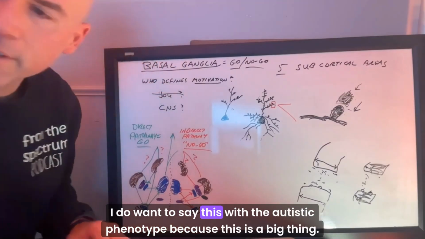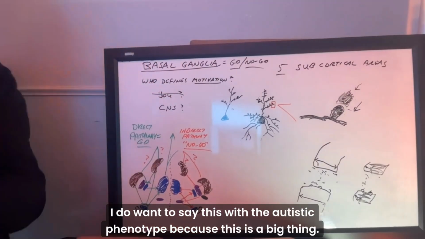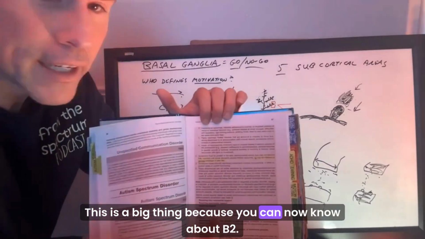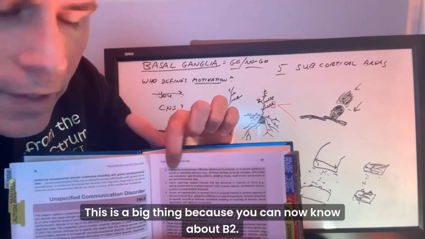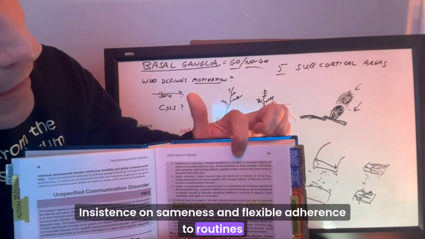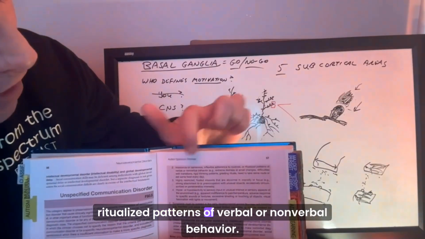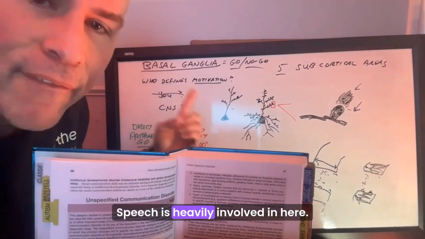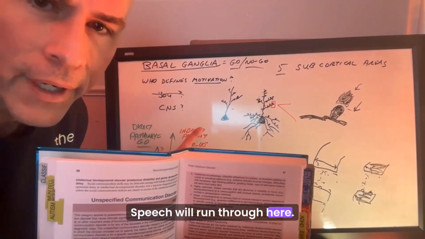I do want to say this with the autistic phenotype, because this is a big thing. This is a big thing because you can now know about B2. Insistence on sameness, inflexible adherence to routines, or ritualized patterns of verbal or nonverbal behavior. Speech is heavily involved in here. Speech will run through here.